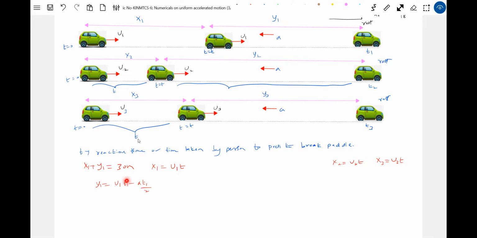Let me substitute X1, Y1 here. So this should be equal to U1T. I'll come to this later on. First, we'll write for the first car. U1T plus U1T1 minus A1 T1 square by 2 should be equal to 30.